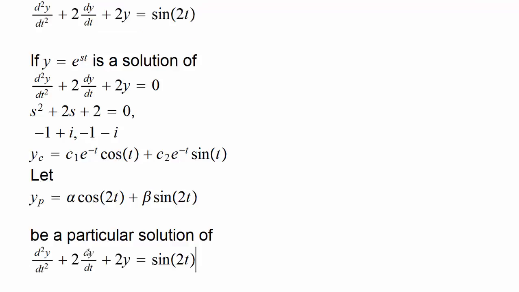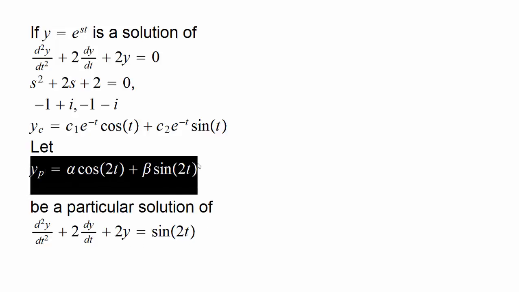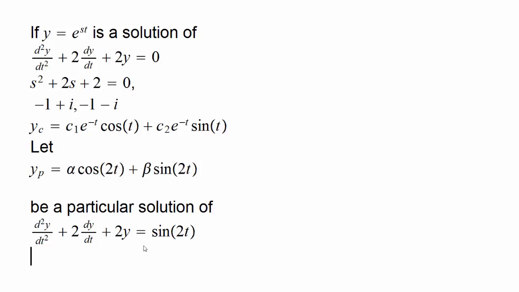I didn't show you, but I had simply substituted this in here and gotten this format. Now all I'm going to do is compute the first and second derivatives of this particular solution and substitute them in. If I take the first derivative, alpha and beta are constants.